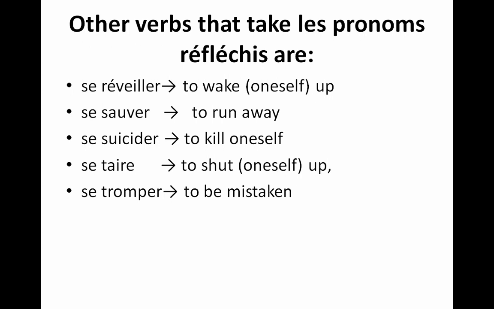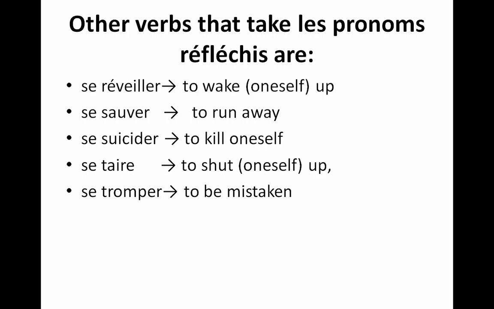Se taire, to shut oneself up. That's not very nice either. So when you say shut up in English and it's not very polite, you can say taisez-vous. If you talk to a bunch of people, or to someone that you don't know, you use the vous form, right? Se taire, taisez-vous. Okay.